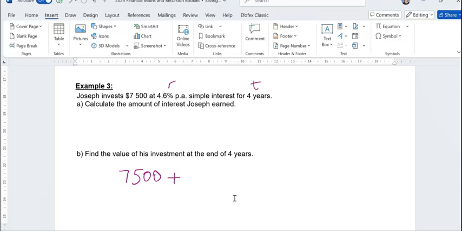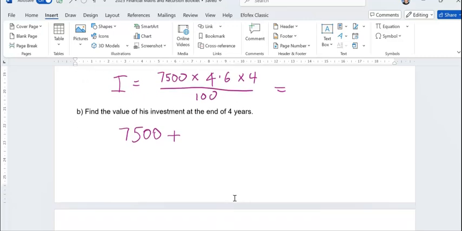So when you calculate this one, $7,500 times 4.6 times 4 will give you the interest, and then we're going to add whatever that value is on to the investment at the end of the 4 years. Okay, so I'm going to leave you to do that one yourself.